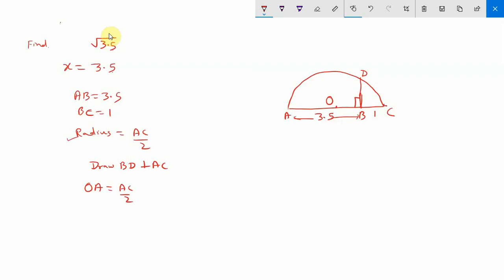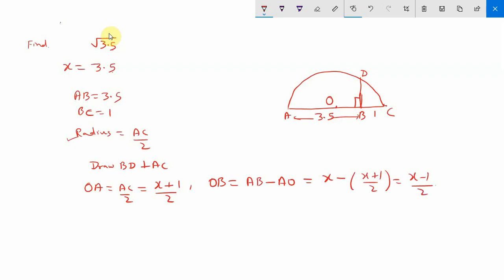AC is 3.5 plus 1, so this is x plus 1, and OA is x plus 1 by 2. We can calculate OB as AB minus AO, which is x minus x plus 1 by 2, so it will be x minus 1 by 2.